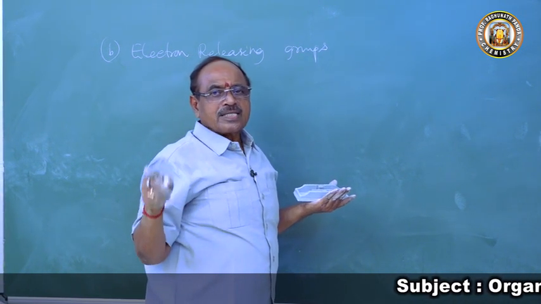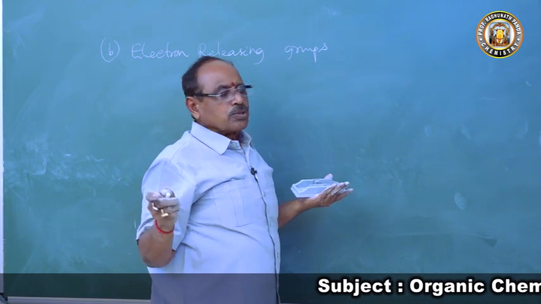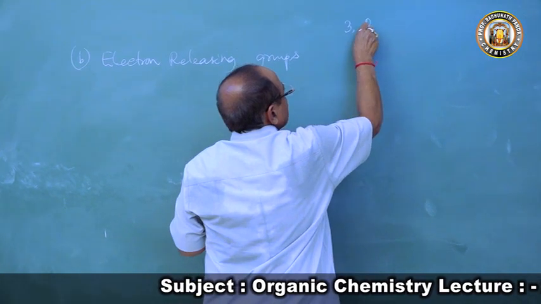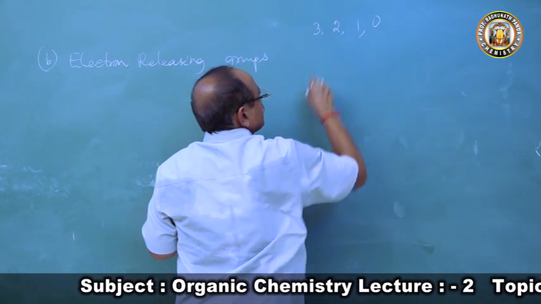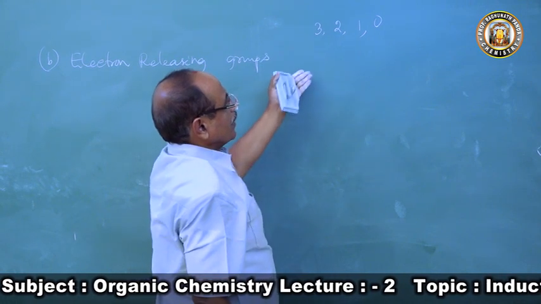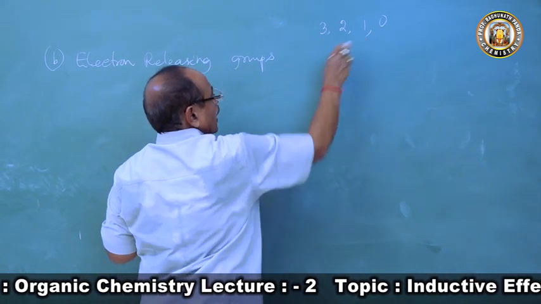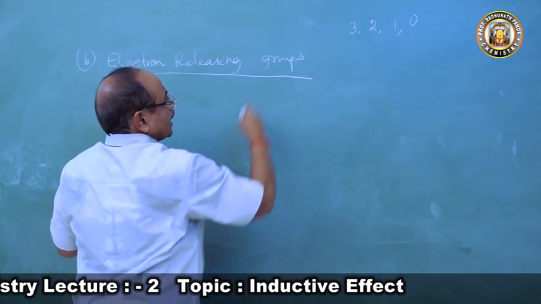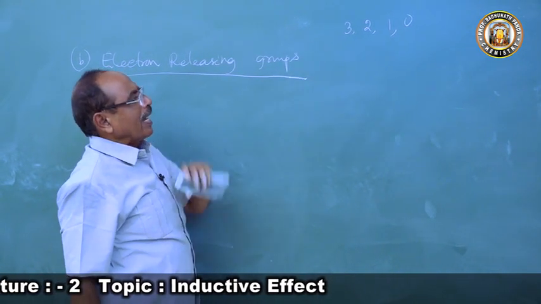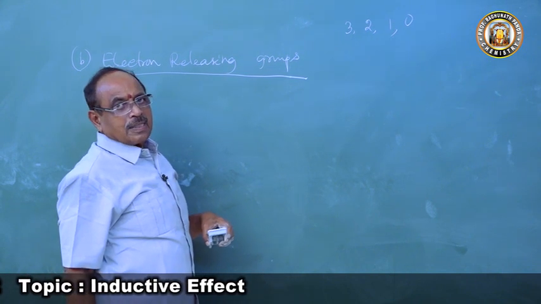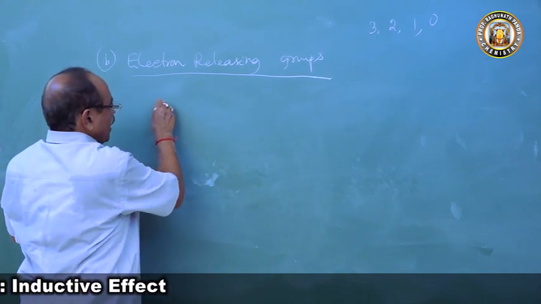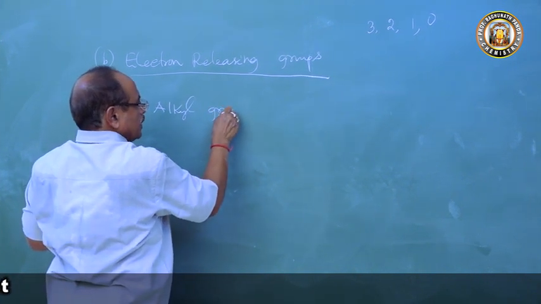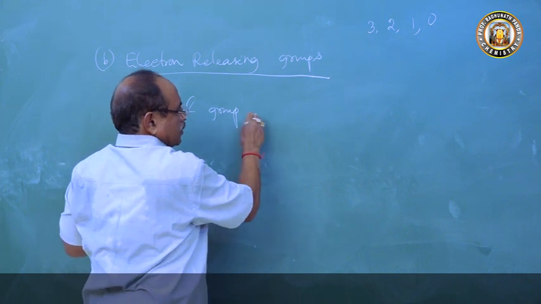If you can remember, who are they? Alkyl groups: 3 degree alkyl group, 2 degree alkyl group, 1 degree alkyl group, and 0 degree alkyl group. So alkyl groups are electron releasing.